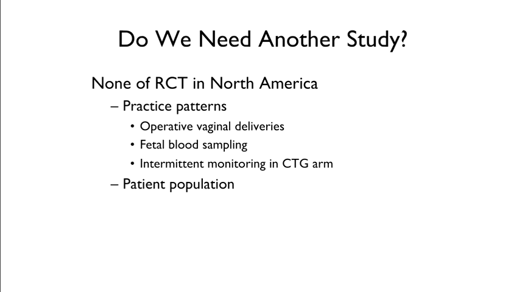So there are certain differences, and some of these differences may make STAN look better in the US. Some of them may make it look worse. Therefore, we, as well as the MFMU, feel that we still need a randomized trial done in the US.